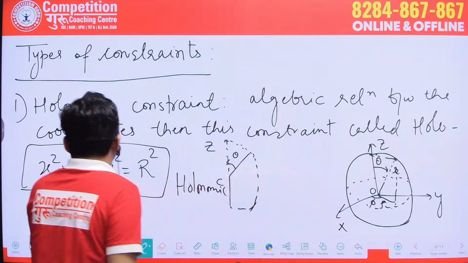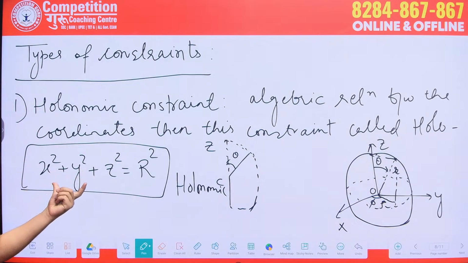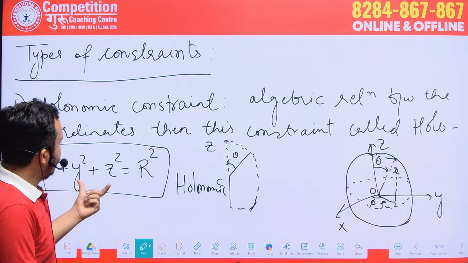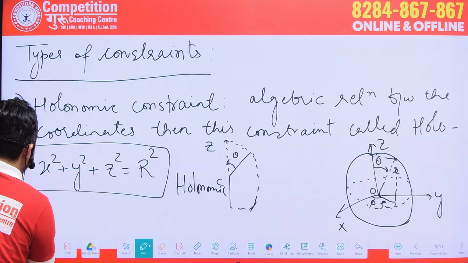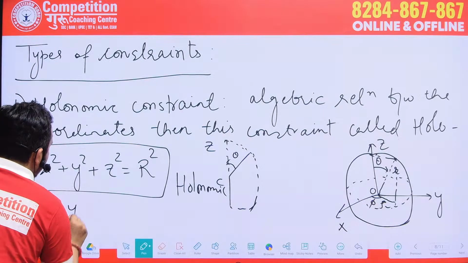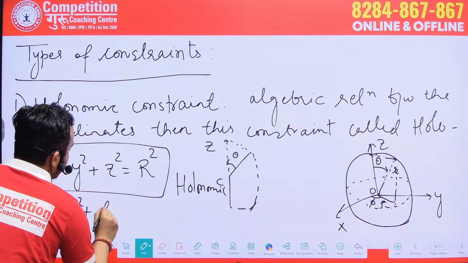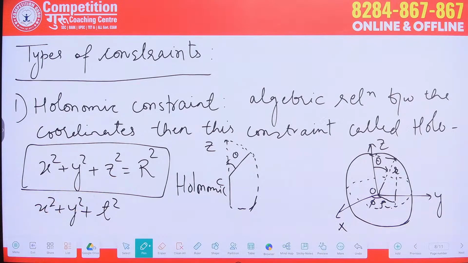So this constraint equation is not explicitly time dependent, because in this equation there is no time. Okay, here is no time. For example, x square plus y square plus t square, time is not visible in this equation simply.